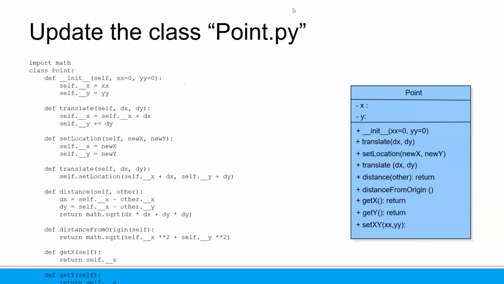Okay, so this is the basic one. And for your team project, I hope that you can make one class. Okay, please think how you can make your own class in your team project.